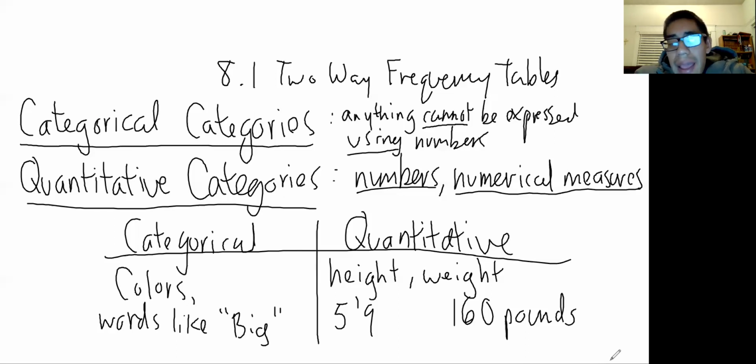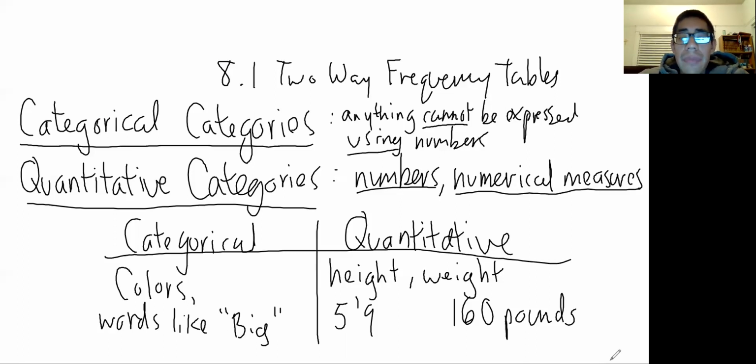I honestly don't know. That's if we're comparing people, right? But if we're comparing something like ants, big could be like 0.1 pounds. It could be a very, very big ant, right? So it's not always the same number. So therefore, it's categorical. You need to know the difference between these two because it's going to come up a lot.